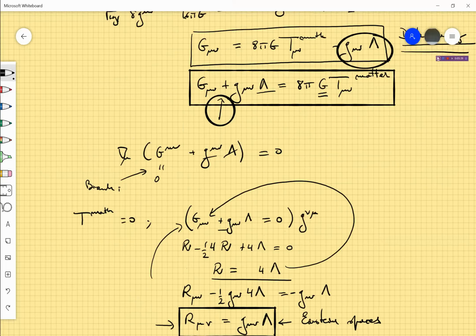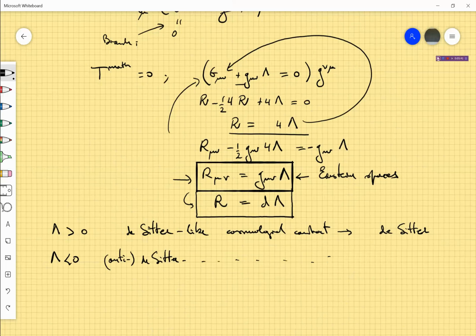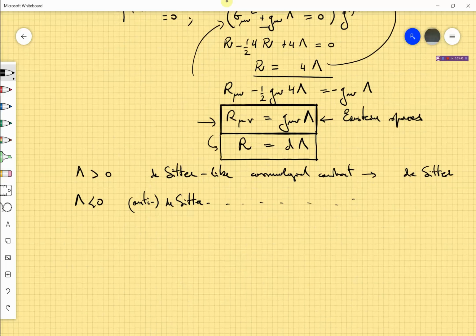Sometimes people write, instead of lambda, 1 over L squared, where L is some length scale that you have in your theory.